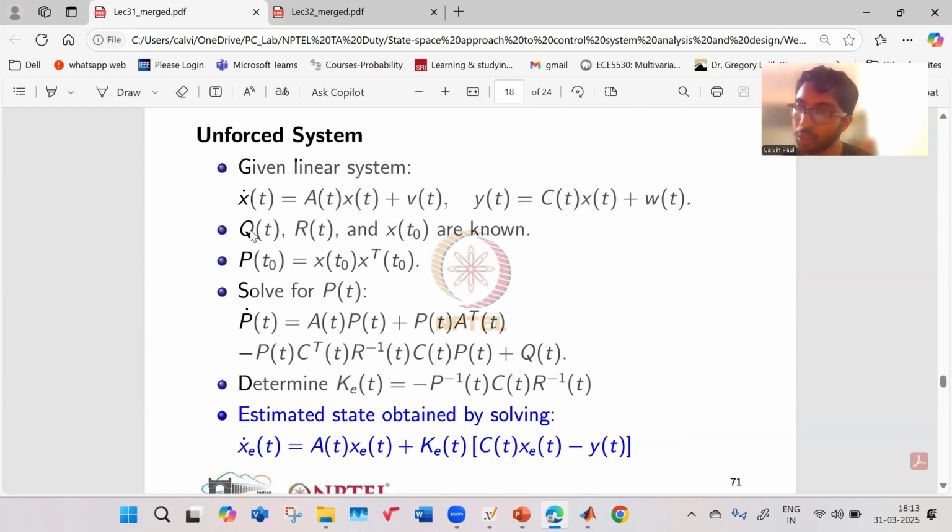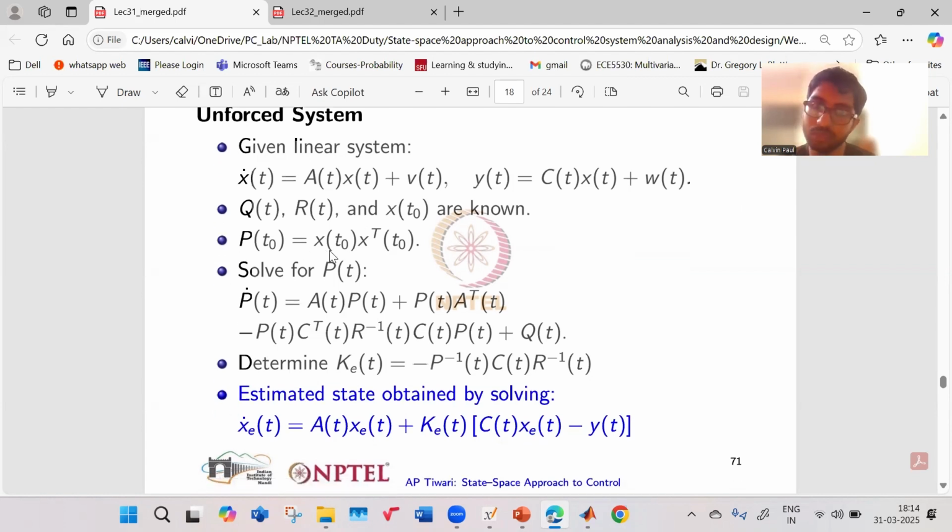What is assumed is that Q(t), R(t), and x(t0) are known. Q(t) is the expectation of v transpose v, and R(t) is the expectation of w into w transpose. So Q(t) and R(t) are kind of the noise distribution, or the expectation of the noise.